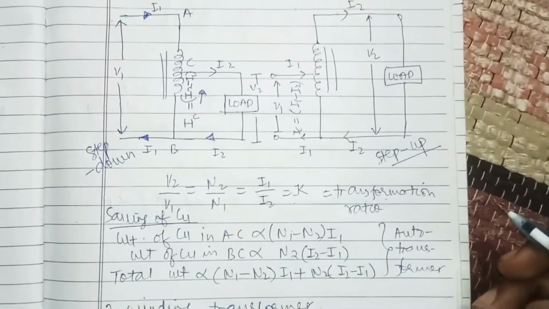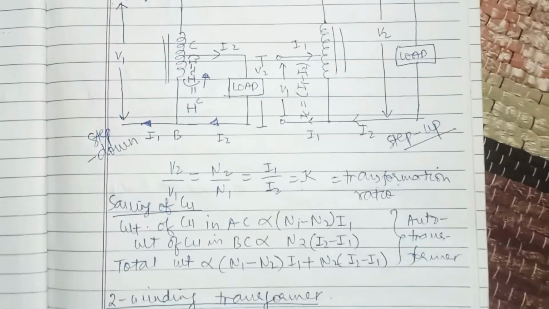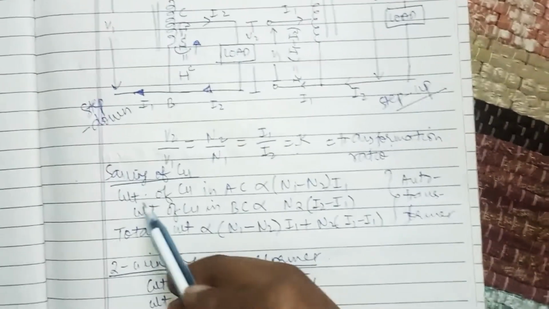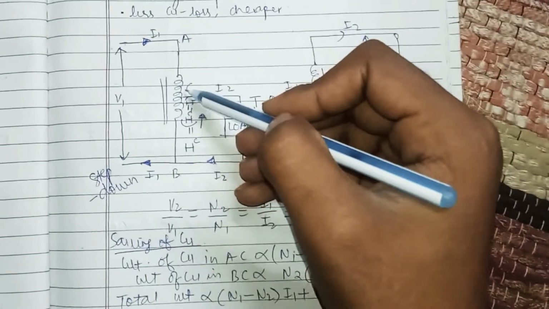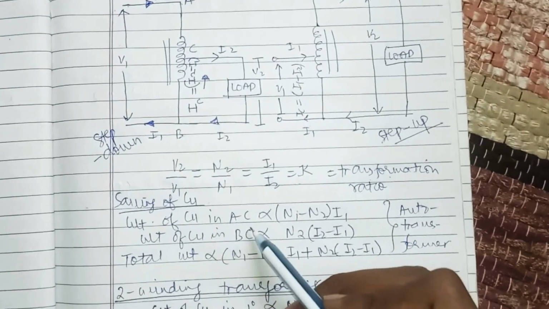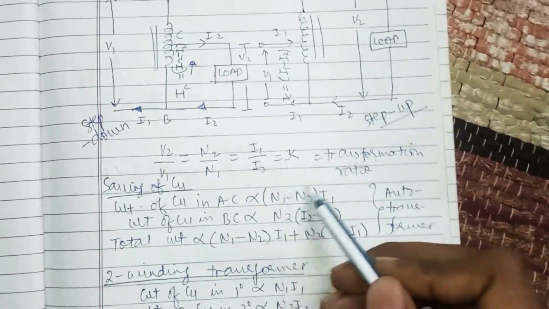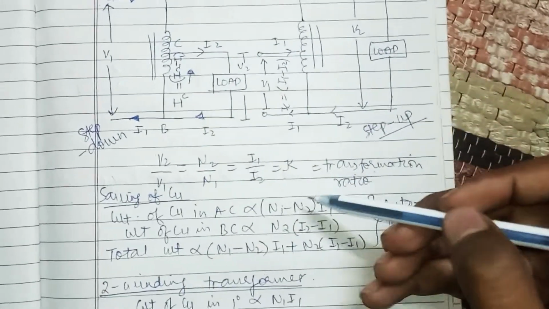Now we are going to prove how we can save our copper. We all know that the weight of copper in AC is directly proportional to the number of turns.